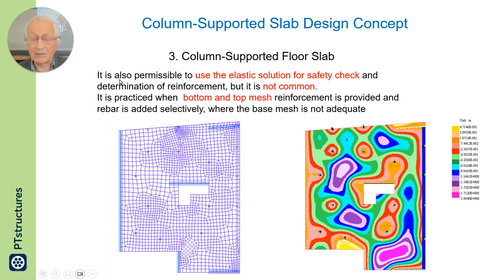Besides that, it is permissible in ACI and EC2 to use the elastic solution for safety check also, and determine the reinforcement, but it's not common because it's complex, as I will show in the following slides.